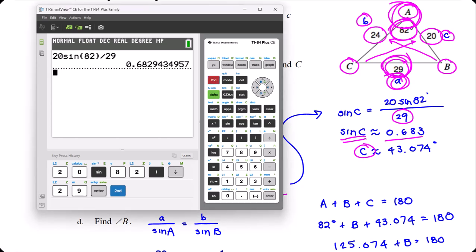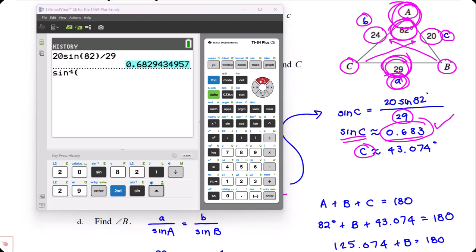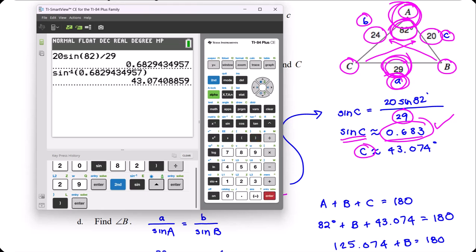So I go second sine, and then I need to put this there. So what you can do is go up arrow onto, notice how it highlights the answer we just had. Press enter, and it'll put that there. Actually, it's putting that number and all the others that go with it. Close parentheses, enter, and there's our angle.